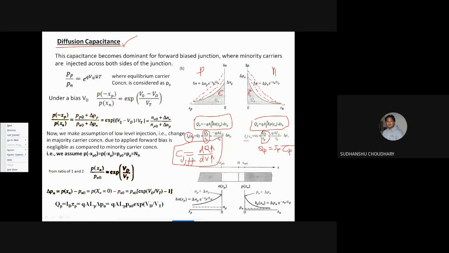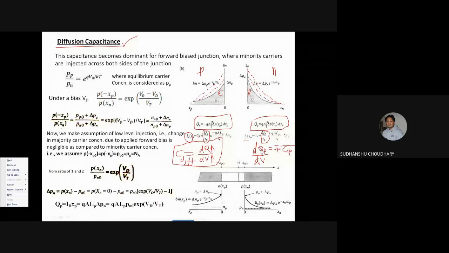This diffusion capacitance can be calculated from these charges: I can take a derivative of this charge with respect to the applied bias, and this will give me the diffusion capacitance from one side.